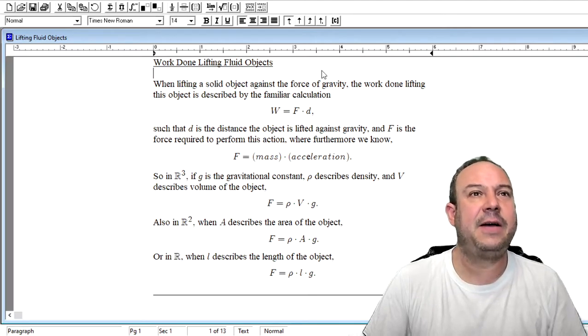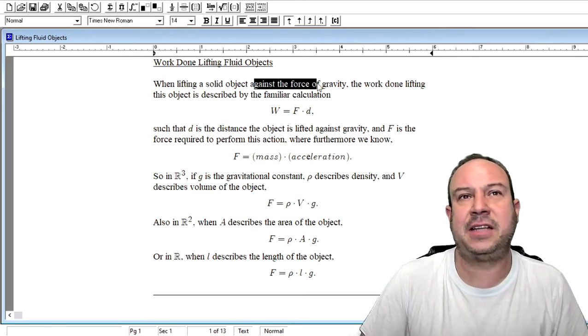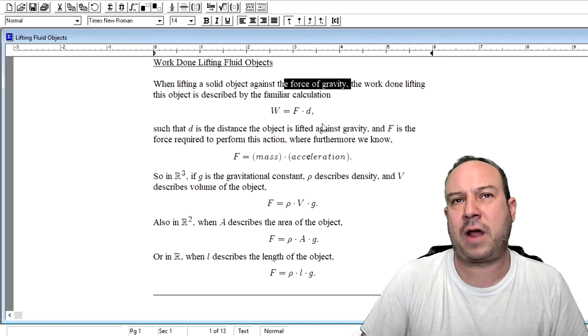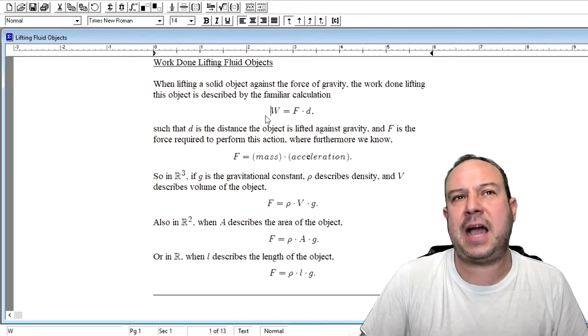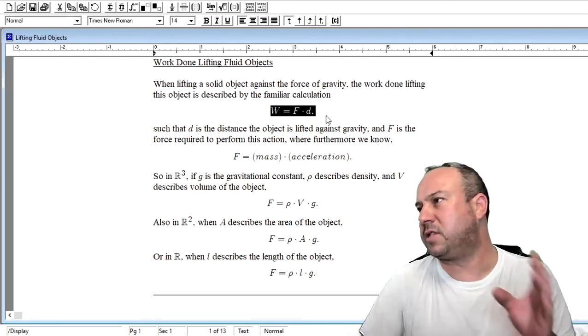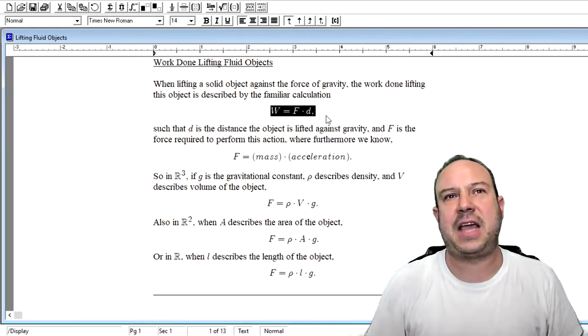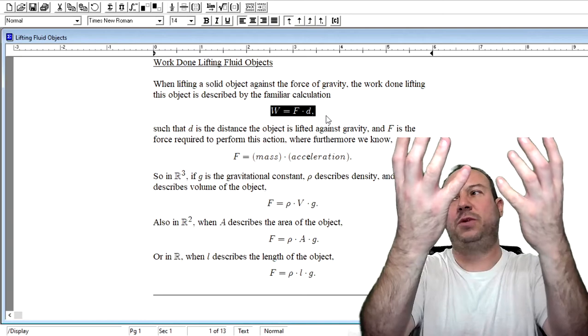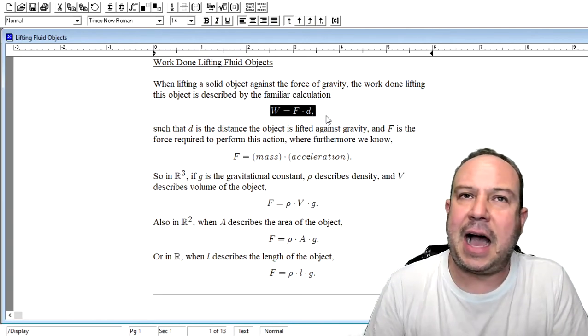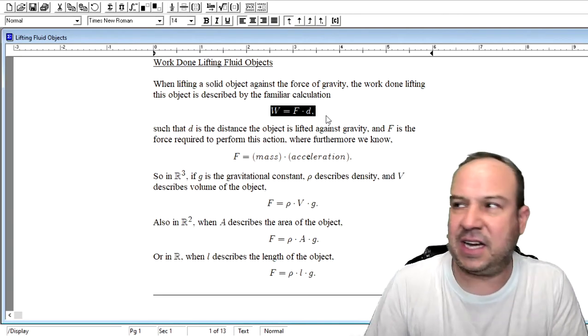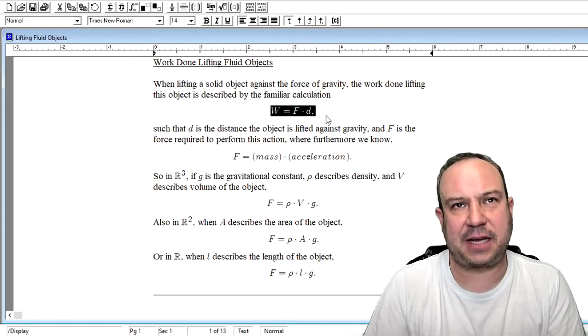Lifting a solid object against the force of gravity, the work done is described by force times distance. The force we have to apply to lift the object times the distance at which we lift this solid object gives us the work we have done.